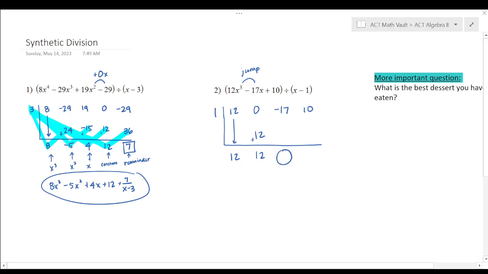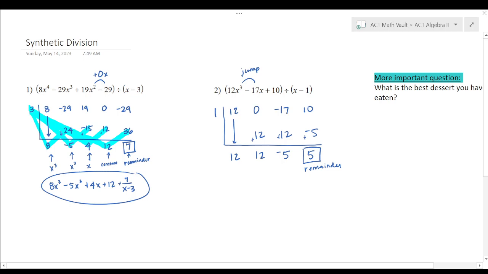Every time you need a number there, you add. So 1 times 12 is 12. Then negative 17 plus 12 is negative 5. And 1 times negative 5 is negative 5. 10 plus negative 5 is 5. Okay, this number on the outside all the way to the right is the remainder every time.